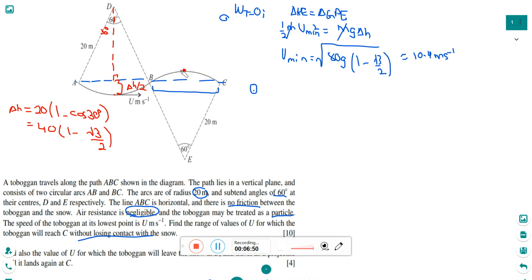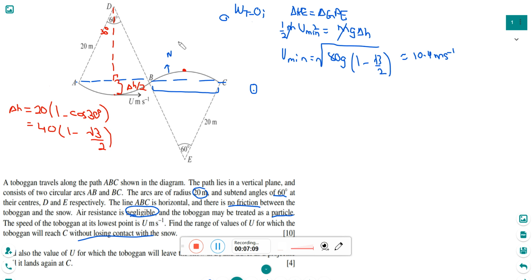Why is that? Because at any point you'll notice that the normal force is equal to, this is assumed to be the vertical, the vertical component of weight minus the centripetal force.